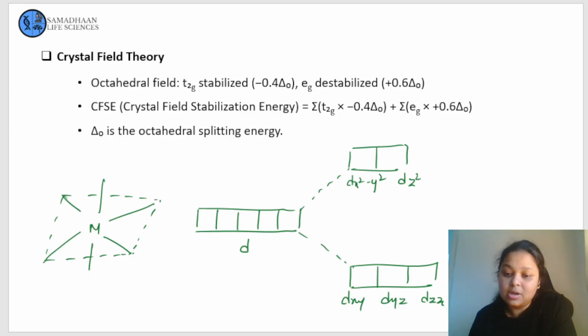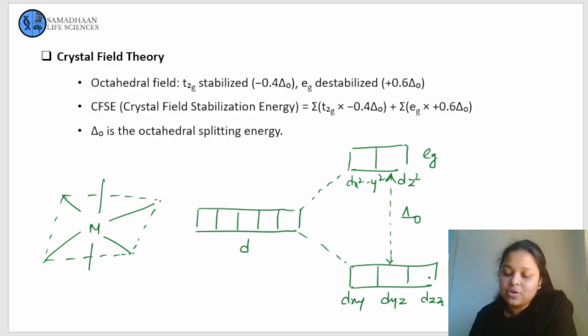These lower energy d orbitals we call T2g, and Eg for the higher energy d orbitals, and this difference in energy is delta O, the octahedral splitting energy.